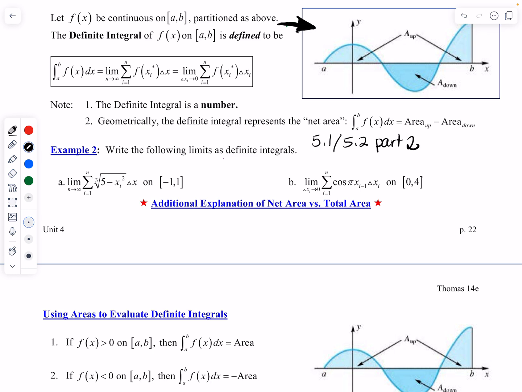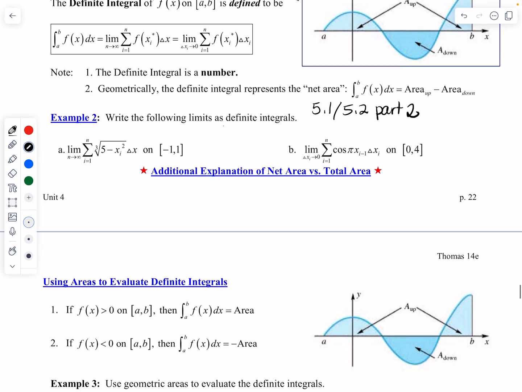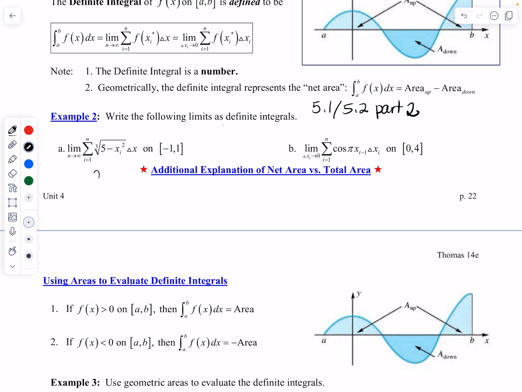We haven't learned the fundamental theorem of calculus yet, but with the definite integral, I'm going to integrate from the lower limit, which is -1, that is a, to b, which is the upper limit, +1. And then we're going to integrate the cube root of 5 minus x squared dx. Okay? So that's what it's going to look like.